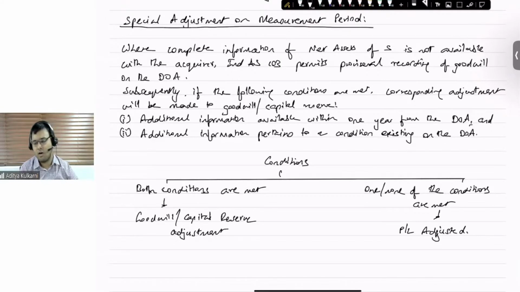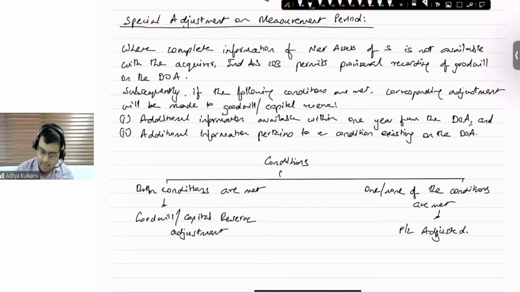We used to record these adjustments for post-balance sheet date events in accordance with whether they give additional information and whether such conditions existed on the balance sheet date. Same concept applies here. Only thing is, it was extending up to the reporting process being complete. Here it is extending up to a period of 1 year from the date of acquisition, and the additional information should pertain to a condition that is existing on the date of acquisition.